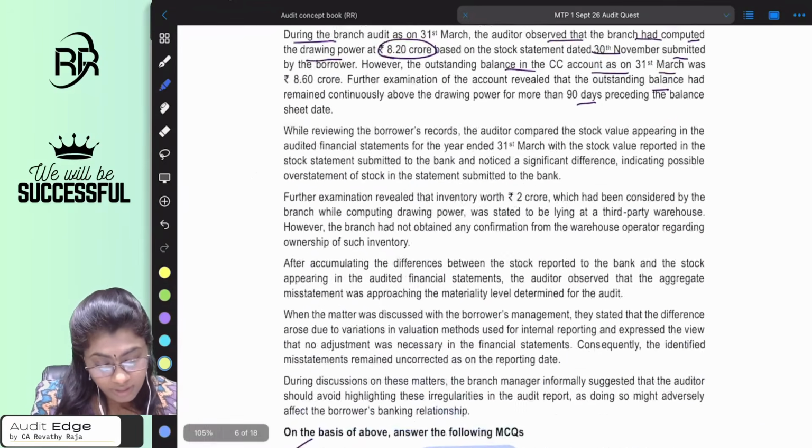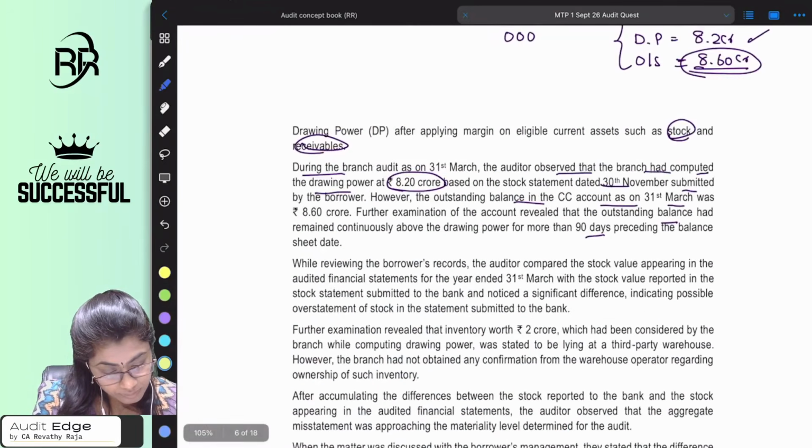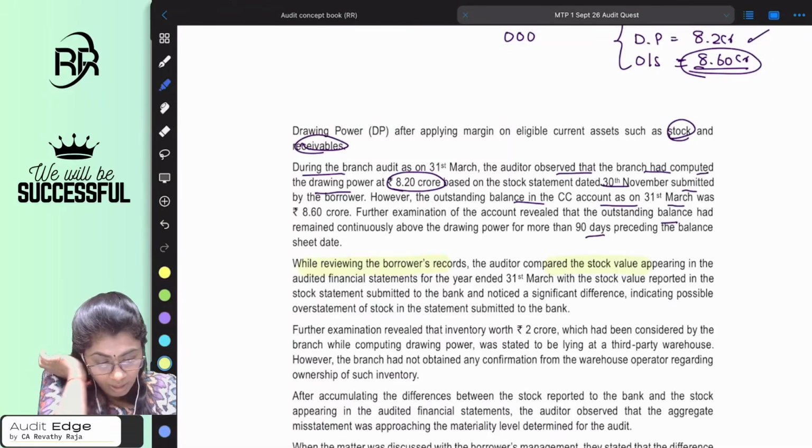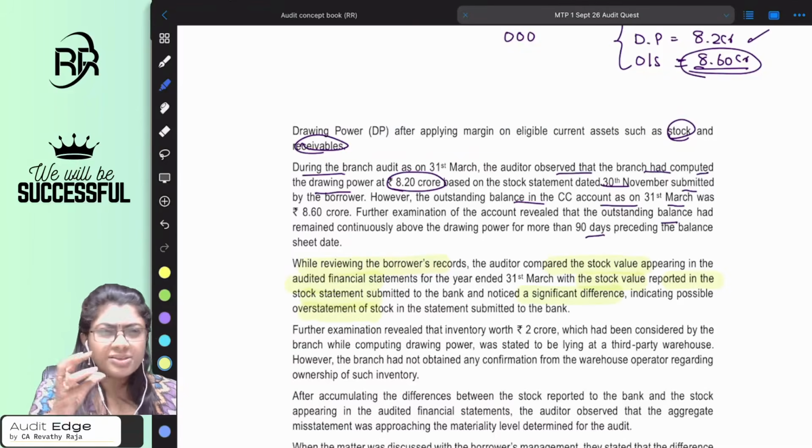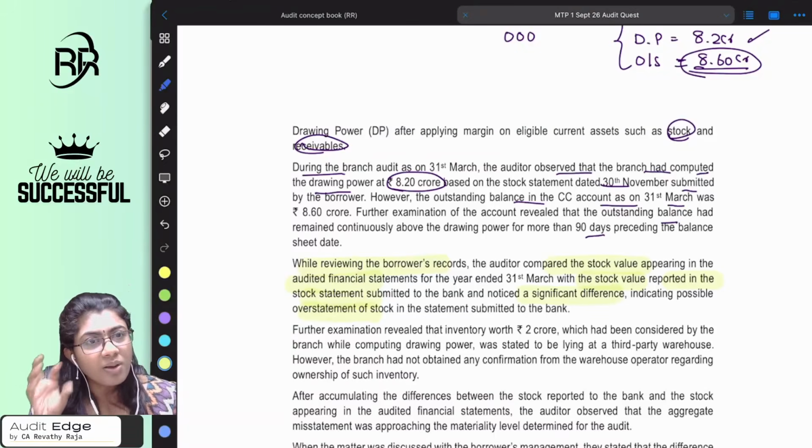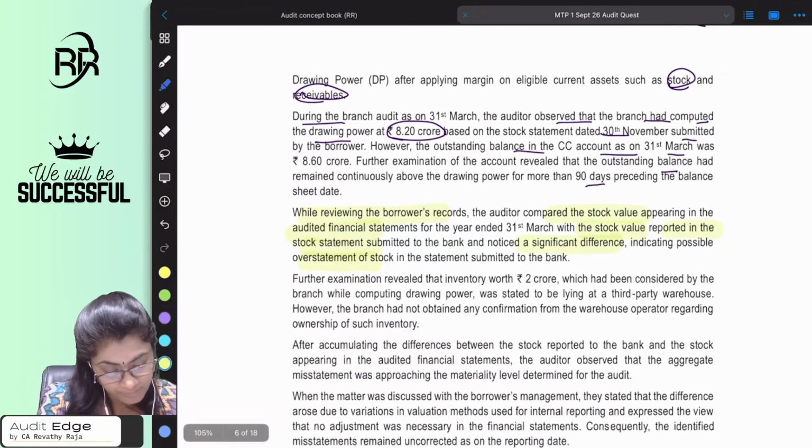If you read the case study, while reviewing the borrower's account, stock values appearing in the audited statement, stock reported, and the bank statement, there is a significant difference.